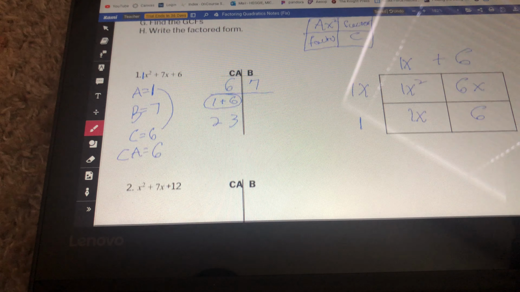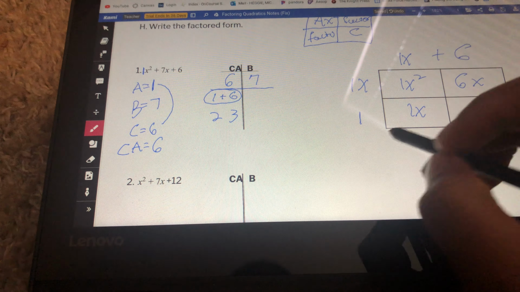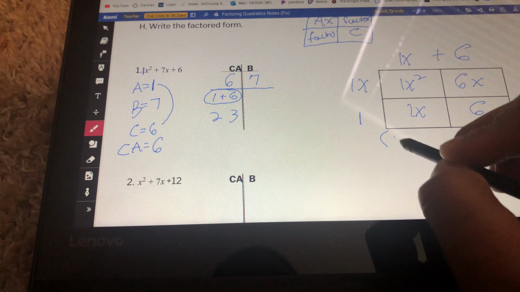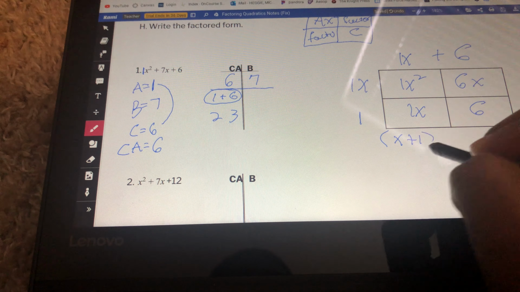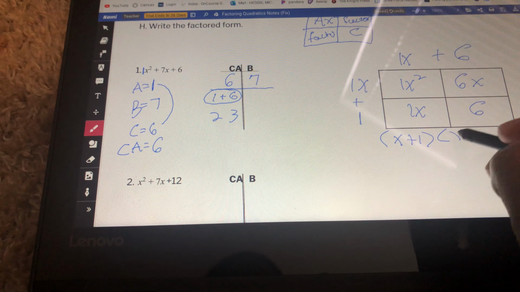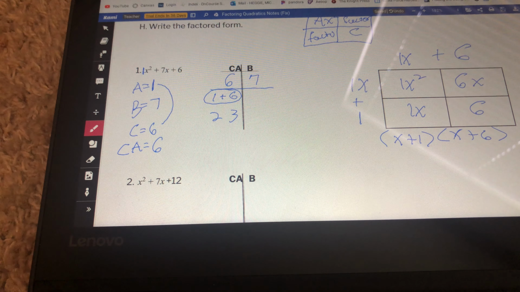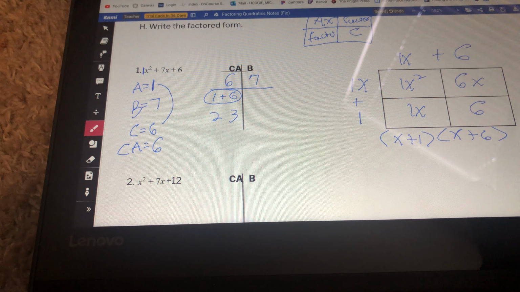So my factored answer, I'm looking for two things that can multiply to get me back to where I was at. The two things that can do that are x plus 1, which is what was on this side, and then x plus 6. That is how you factor using the box method.